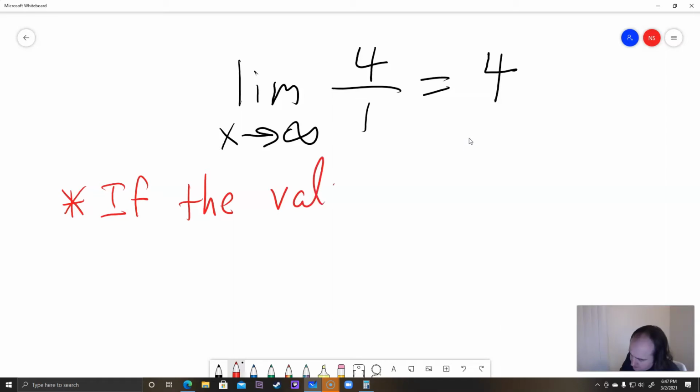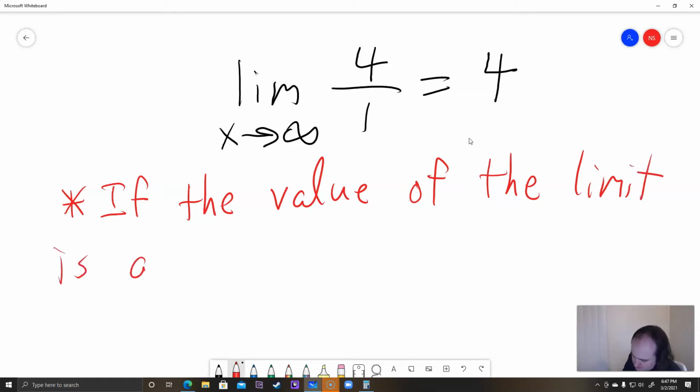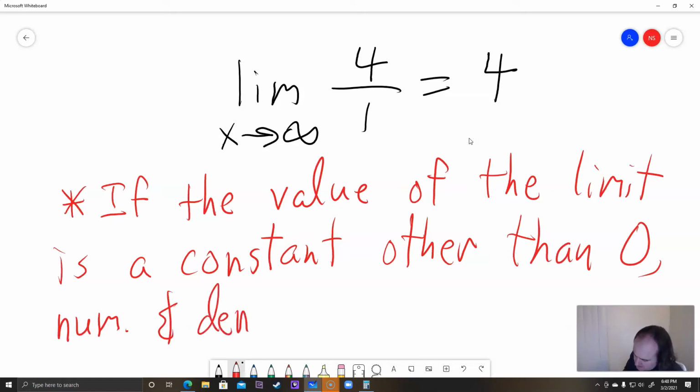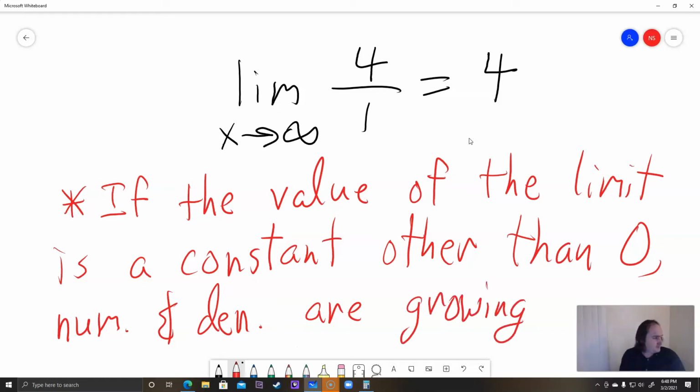If the value of the limit is a constant other than 0, that means the numerator and the denominator are growing at the same rate.